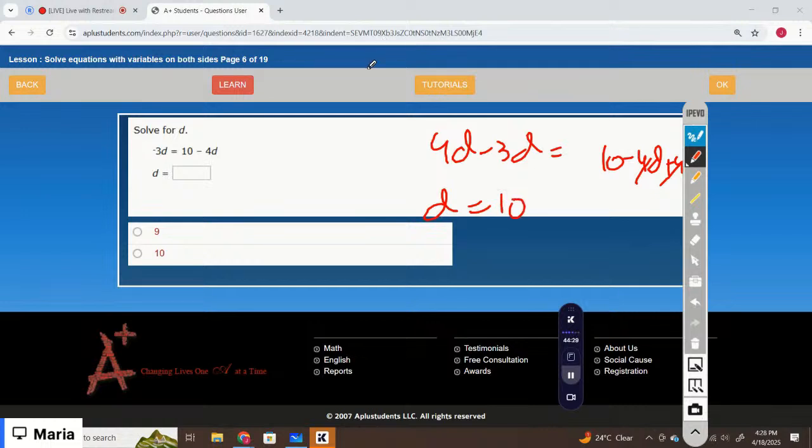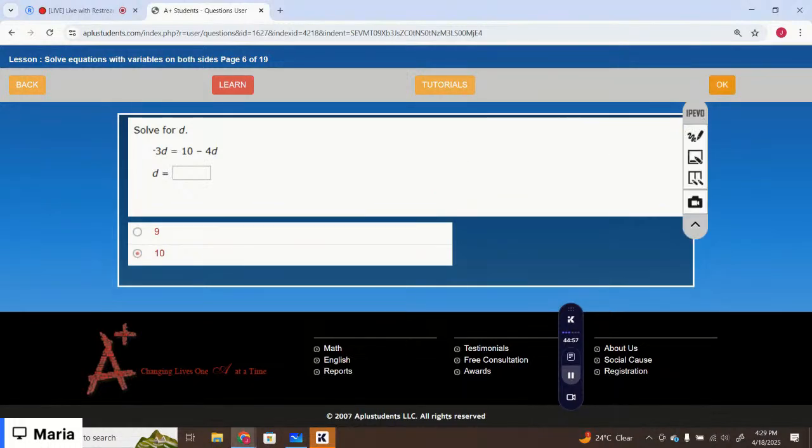The correct option is option number 2. That is d equals 10. Option number 2 is the correct option.